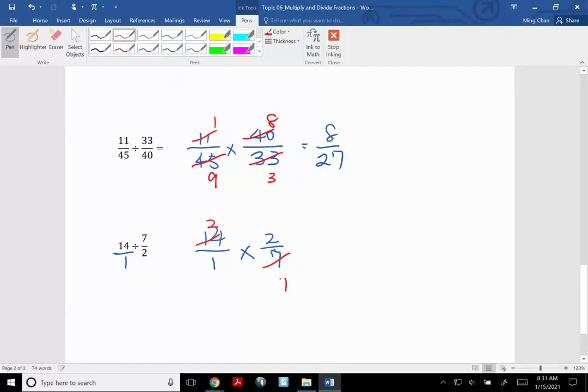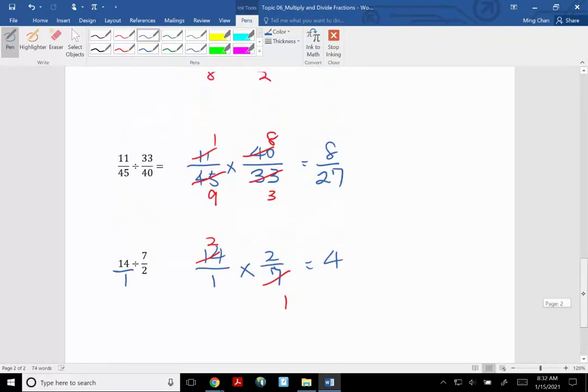So now the bottom is all 1. So the top would be 2 times 2, which is 4. We can just say 4. You don't have to say 4 over 1. I only do over 1 when I'm doing the actual operation because I want y'all to see that when you write a whole number as over 1, you put the whole number in the numerator.